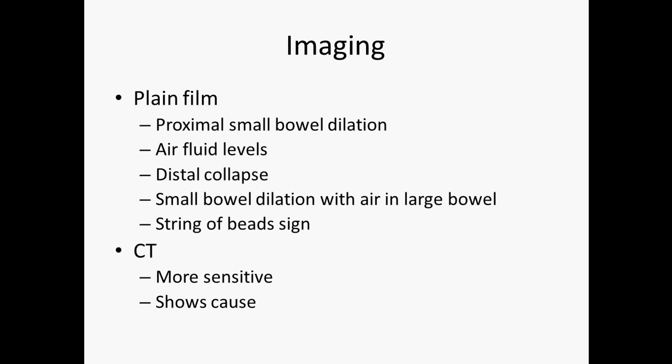So if it's completely obstructed, then anything after the obstruction will usually be empty and collapsed. Small bowel dilation with air in the large bowel is something you want to look for. And then a string of beads sign, which is associated with the collapse that we were talking about.